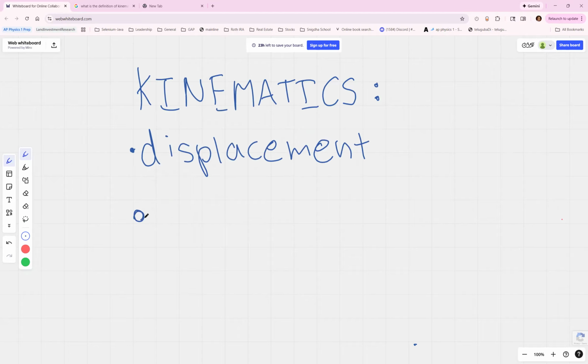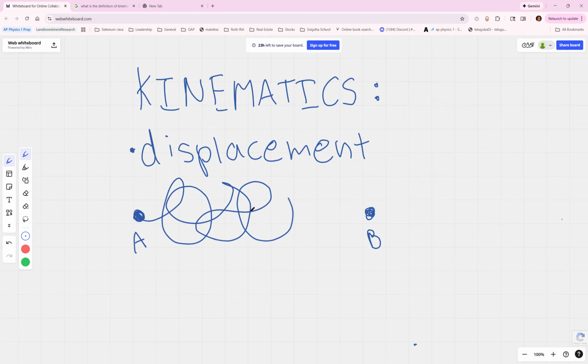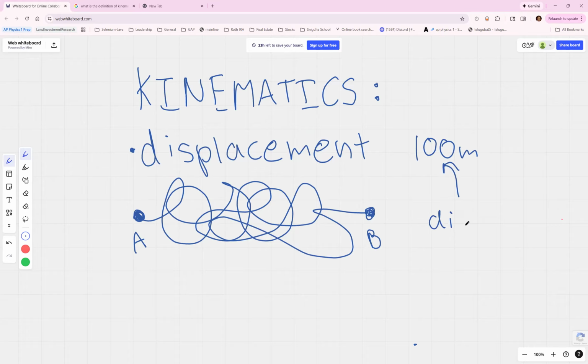So let's take the same example that we used for distance. You have point A, and then you also have point B. So let's say you go in a really weird loop, going back and forth, and you get to point B. In the same example that we did before, we know that traveling all of this over here takes us 100 meters, right? So this is the distance, and that is very clear.